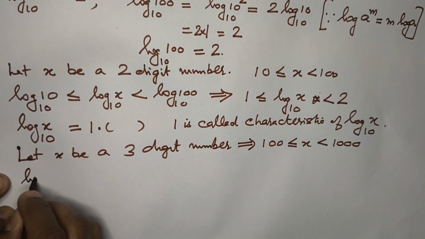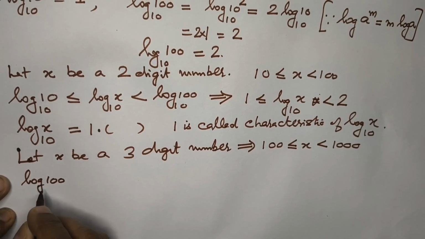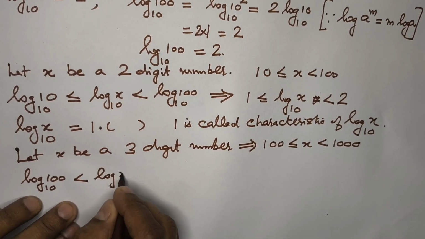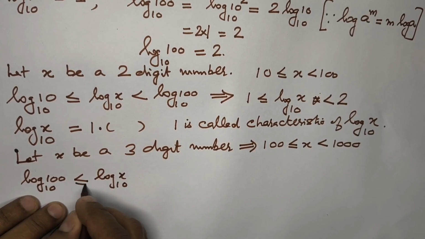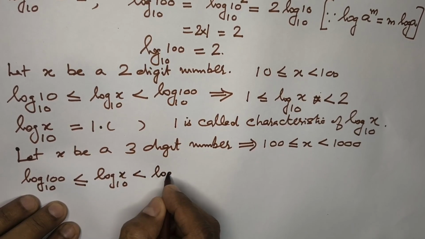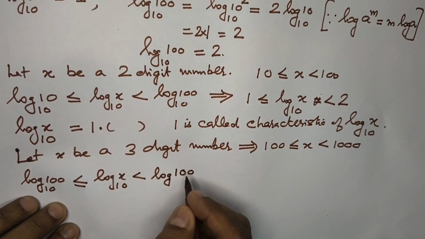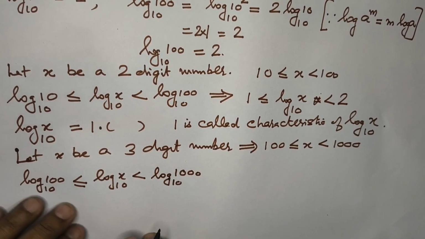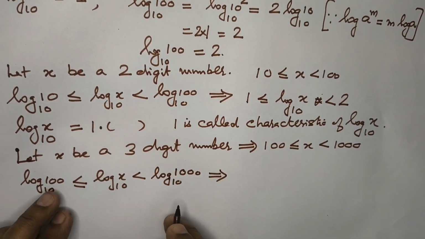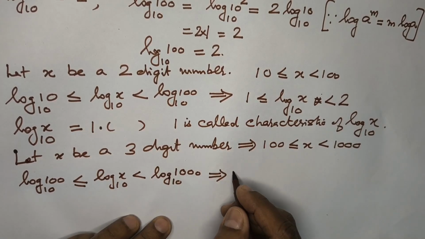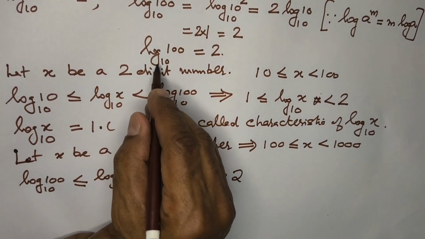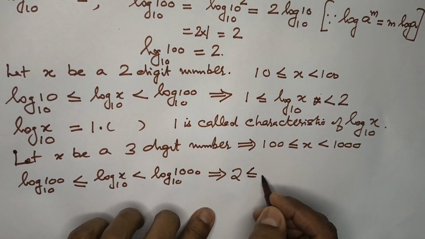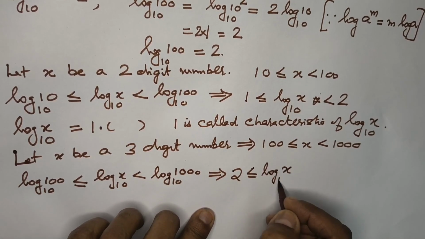You will have log 100 to the base 10, less than or equal to log x to the base 10, less than log 1000 to the base 10. This implies what? Log 100 to the base 10, we have already seen that to be 2 here. Can you see that? Now, less than or equal to log x to the base 10.